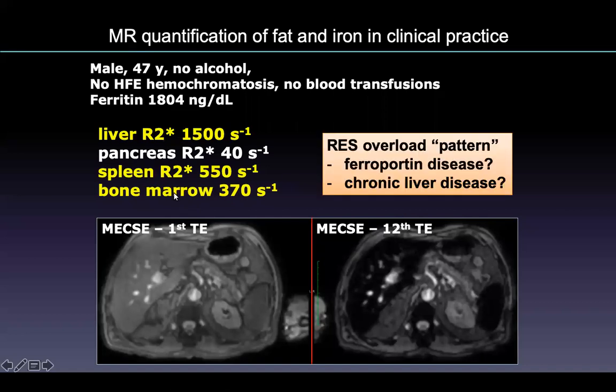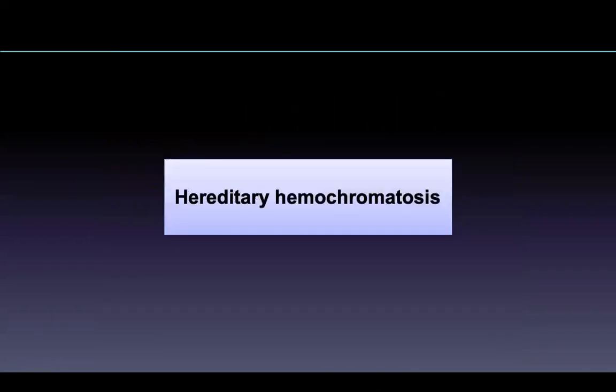And this suggests a reticuloendothelial system overload pattern that we can see in ferroportin disease, that is a rare form of hereditary hemochromatosis, or in chronic liver diseases. And in these cases, well, a liver biopsy might be indicated, or more genetic tests to investigate this patient.